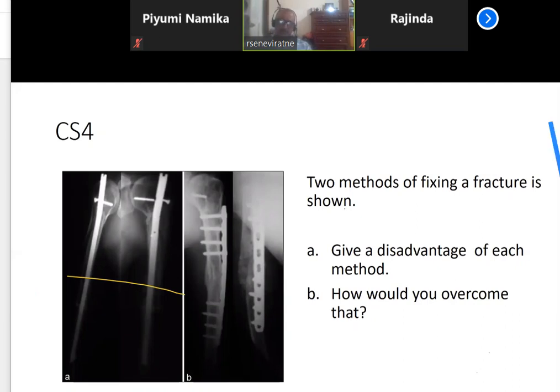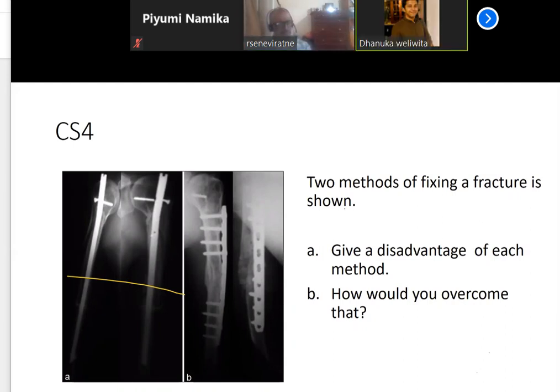And what is the disadvantage with intramedullary nailing? Anybody? It can rotate, okay? Unless interlocking nails are there, the bone segments can rotate.